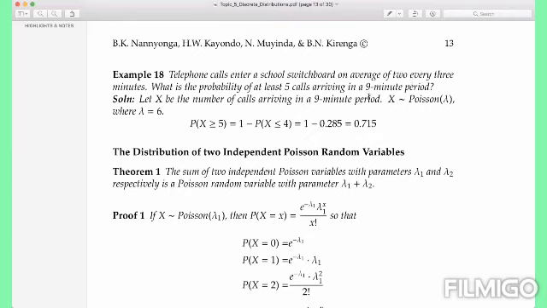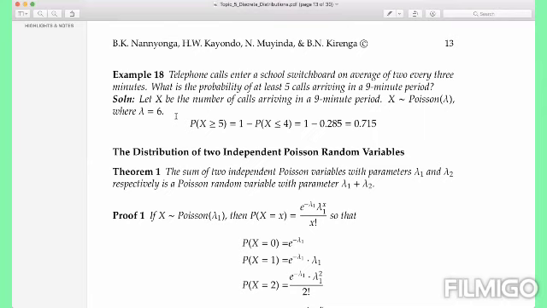If someone needs this period of 9 minutes, then the lambda I am to use is going to be 2 times 3. Sometimes you may need to either multiply or divide, depending on the problem.